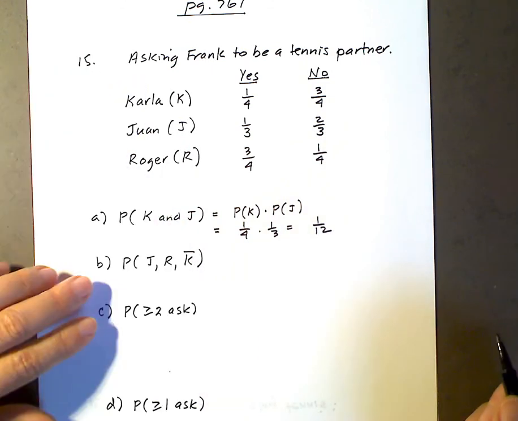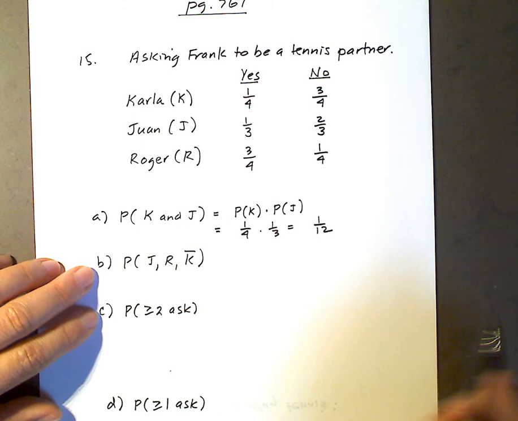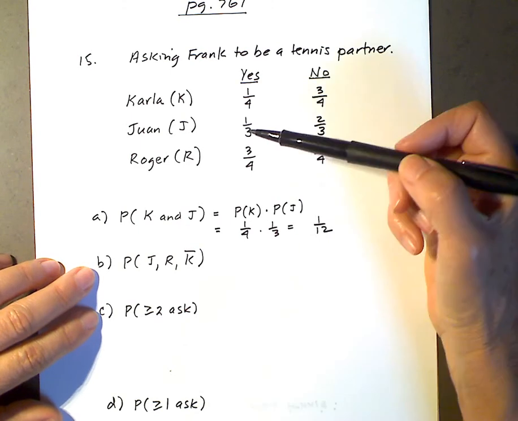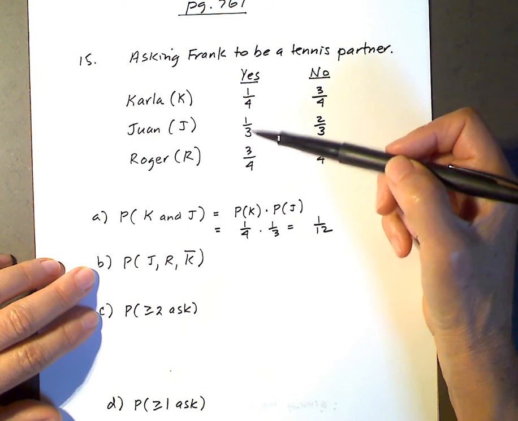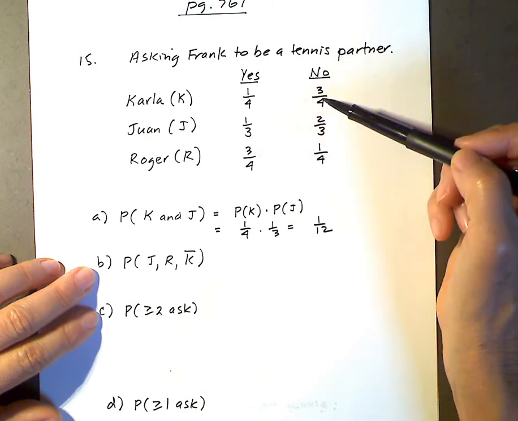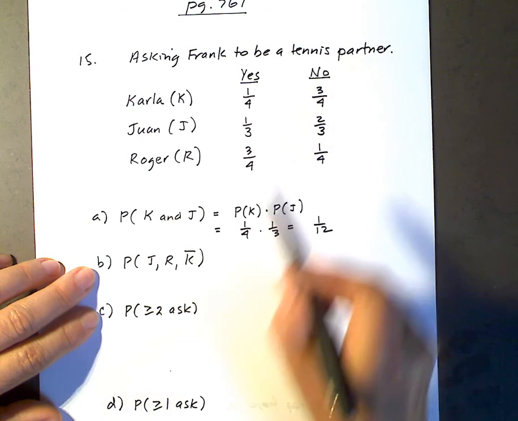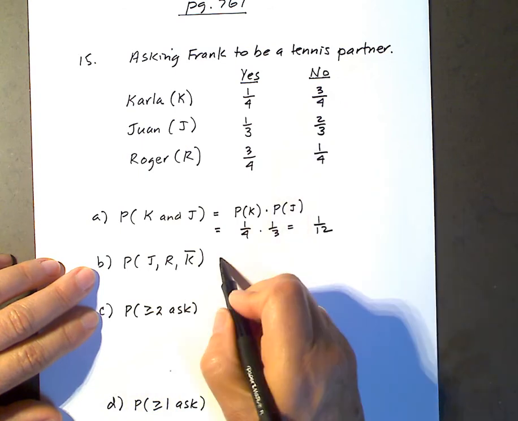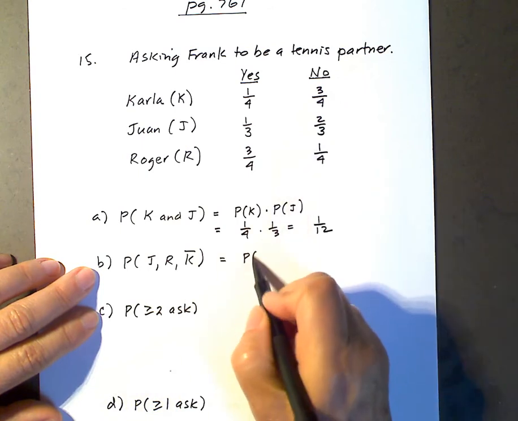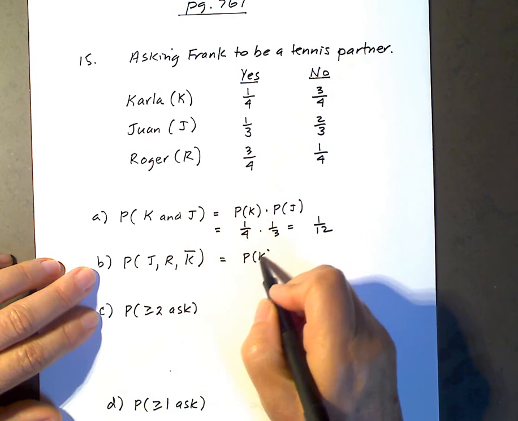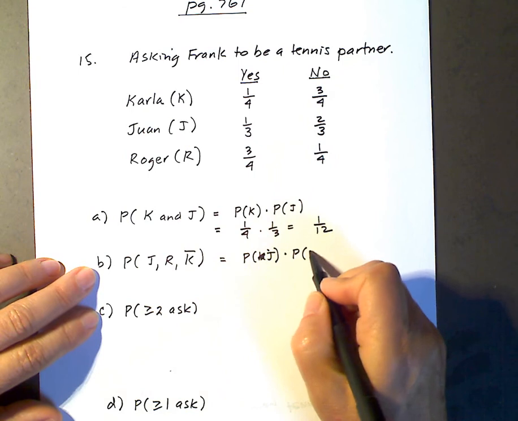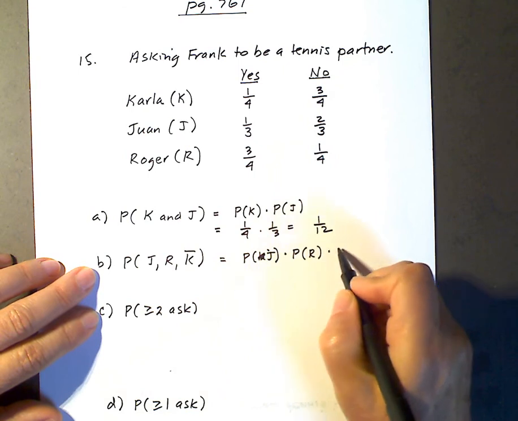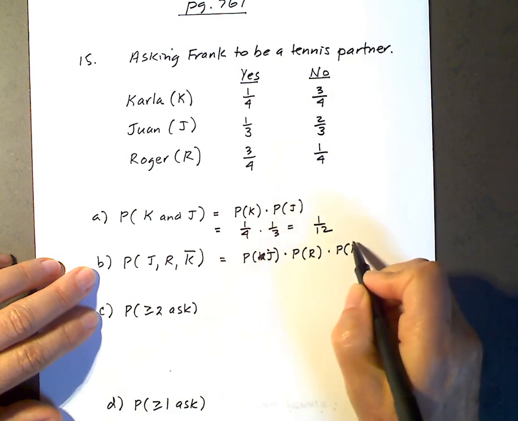So in part B, we're supposed to find the probability that Juan and Roger do ask him, but Carla does not. So specifically, we know these two do and that Carla does not. So this would be the probability of Juan multiplied by the probability of Roger both asking, multiplied by the probability of Carla not asking.